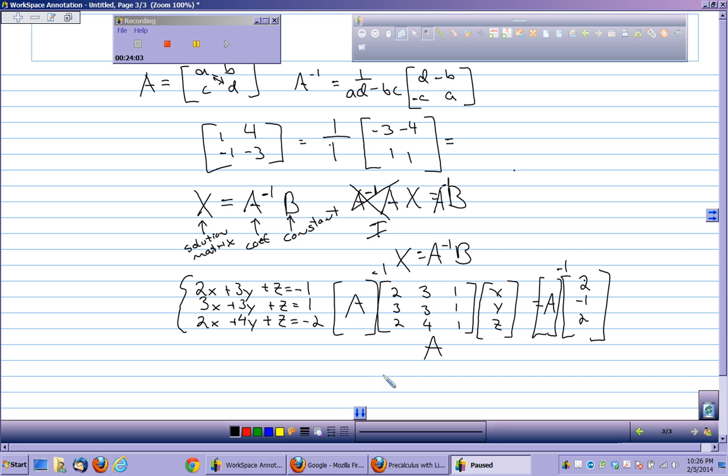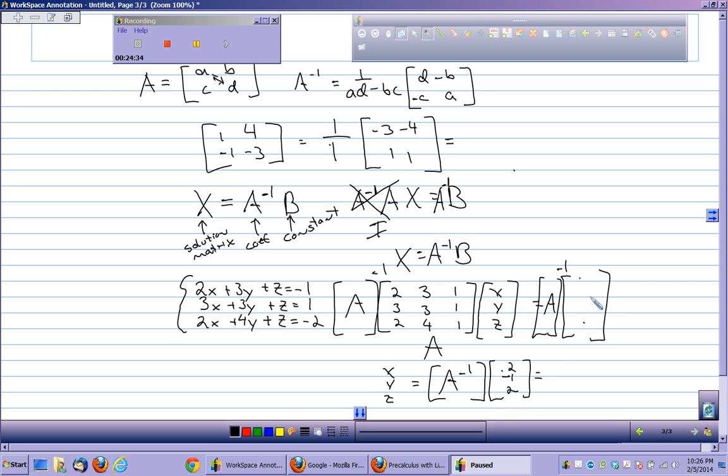So x, y, z is going to be equal to A inverse, in this case, times the matrix +2, -1, and 2. And if you do that on your calculator, you get, oh brother, it's late.